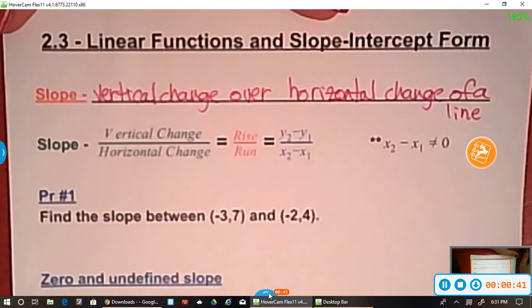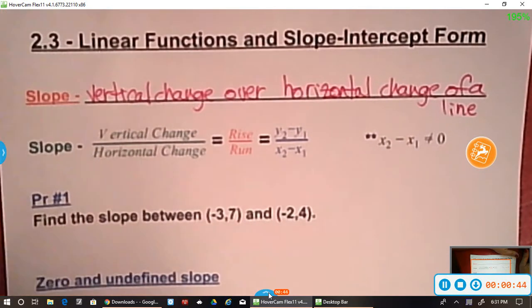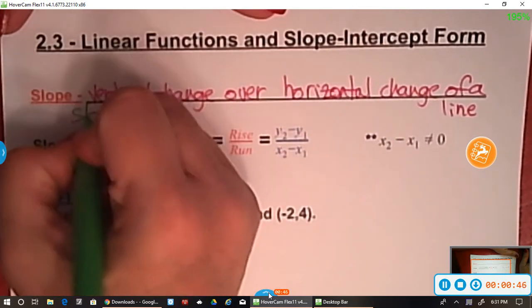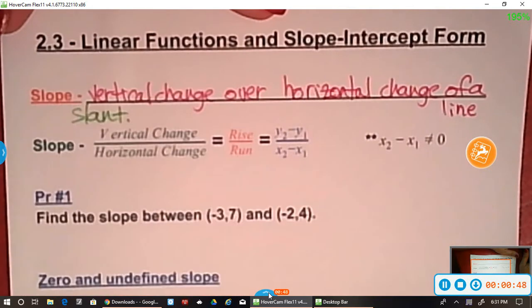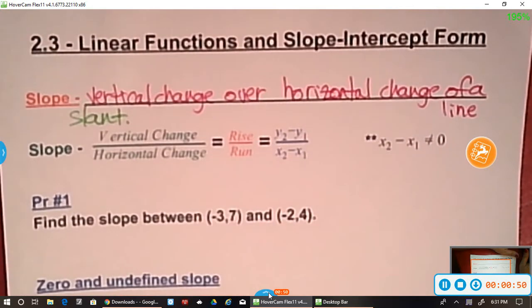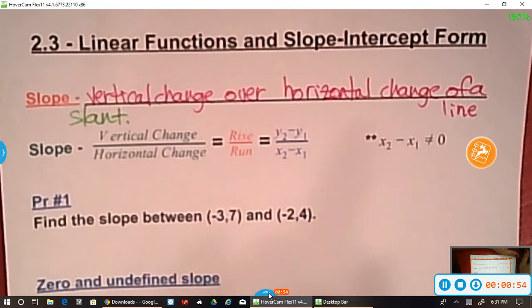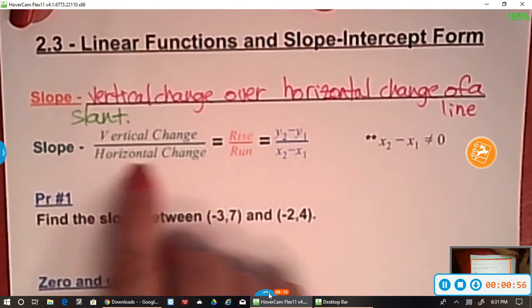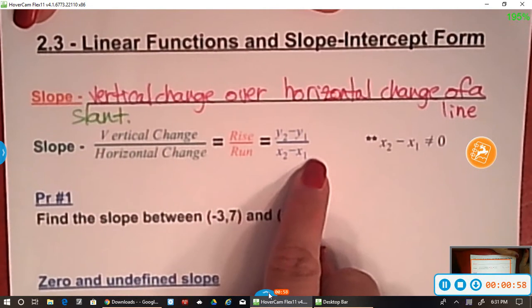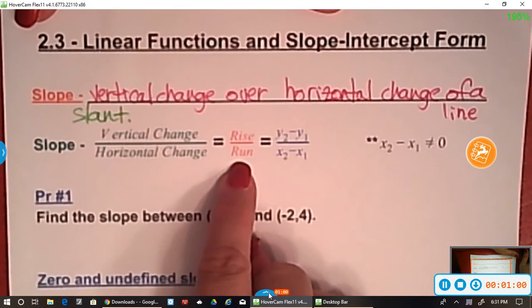Okay. Basically, the shortcut for this is to say it is the slant of the line. Okay. So, using the words vertical change and horizontal change may be new, but the rest of this formula here should not be. Okay. You may have heard this as rise over run.